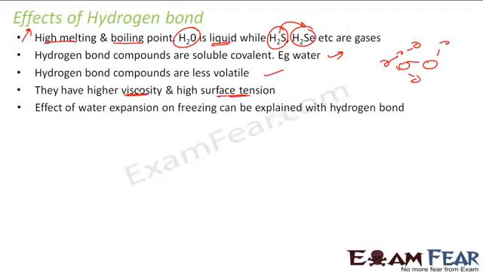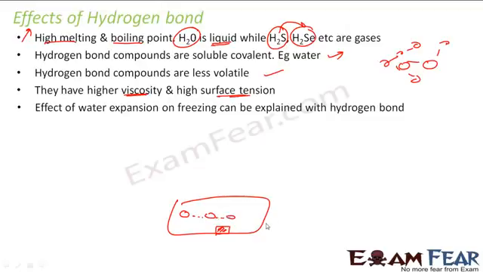And the expansion of water on freezing can be explained by hydrogen bond. In the normal case, there are so many water molecules and they are attracted by hydrogen bond, so they are more dense and occupy less space. But the moment you freeze it, it becomes ice. This hydrogen bond becomes weaker because it takes the crystalline shape, so it expands.